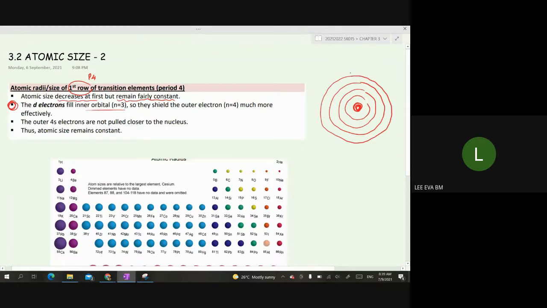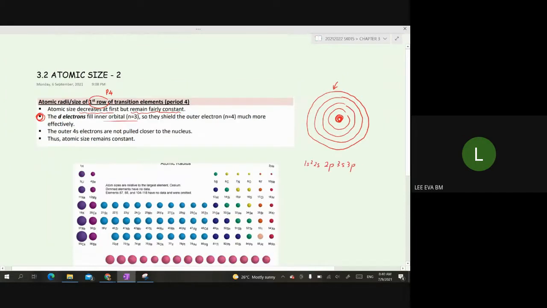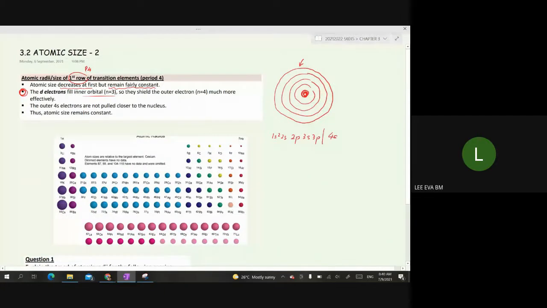Okay, looking at this last shell, if you look at 1s2, 2s, 2p, 3s, 3p, and then we're moving into 4s and 3d. So kalau awak ada tambahan elektron, kita memang dekat D subshell, adding. If you got 4 electrons, then we keep on adding into D subshell.